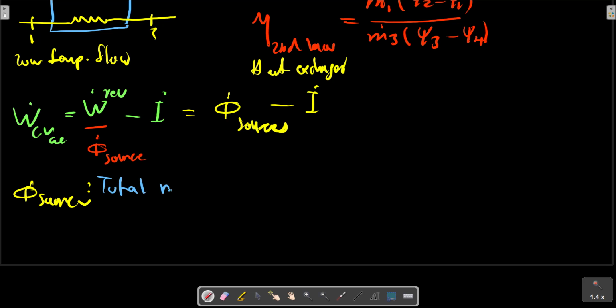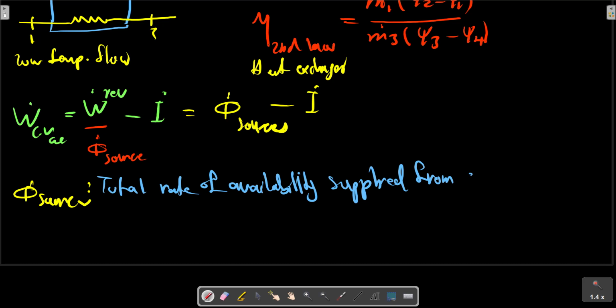Total rate of availability supplied from all sources: flows, heat transfer and work input.